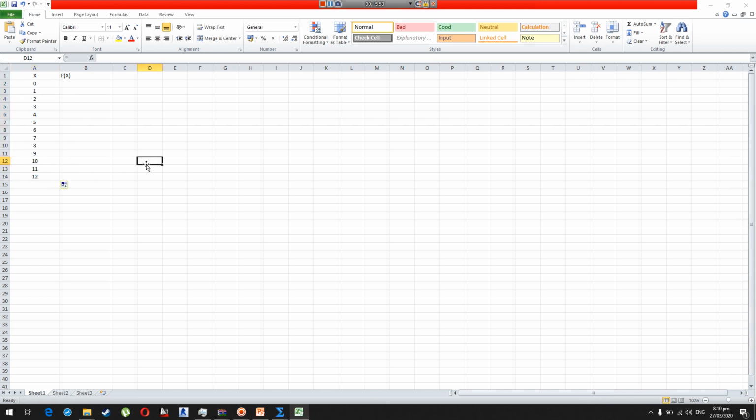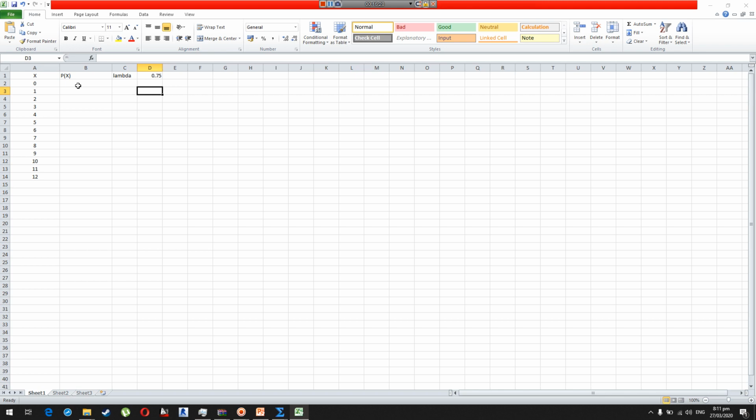For P of X, we have an embedded equation in Excel for the Poisson distribution, but we need a lambda value. Let's assume lambda is equal to 0.75, the average parameter value for the Poisson distribution.